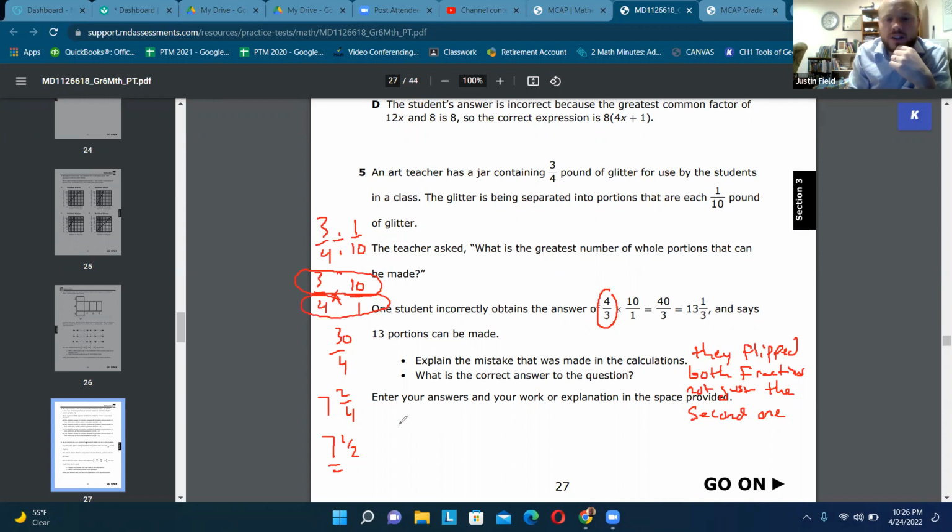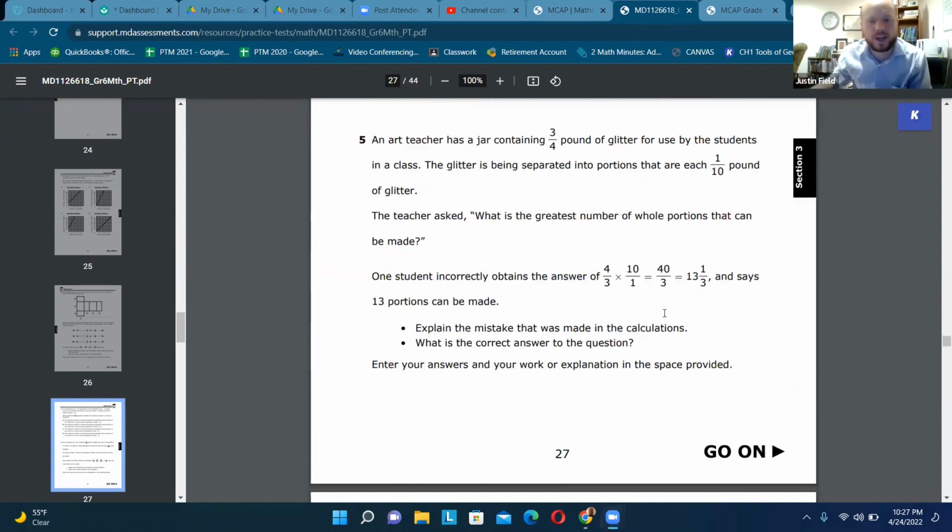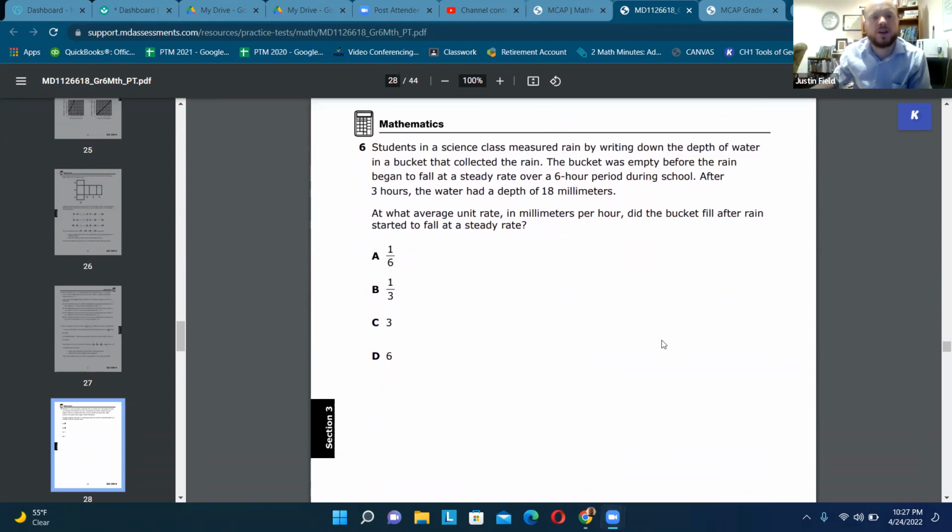What was the correct answer? Well, here it is, 7.5. So 7 portions can be made. All right, 7 portions. Don't flip both your fractions.